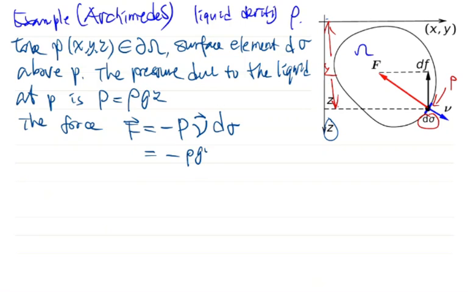So F is minus rho gz nu d sigma. The flotage is caused because an object in the water gains an upward force, because of this force capital F. But the horizontal component of this capital F has no contribution to the flotage.